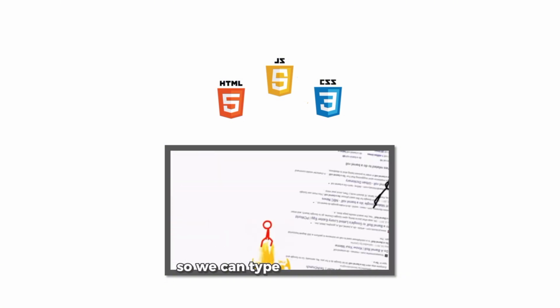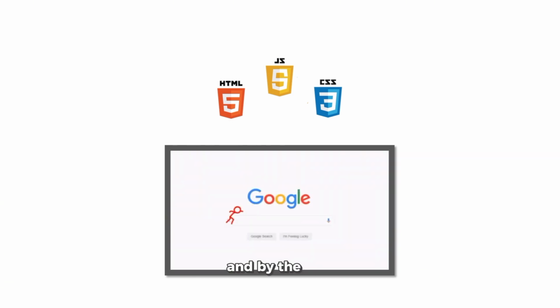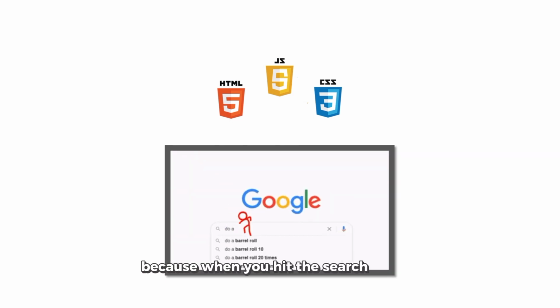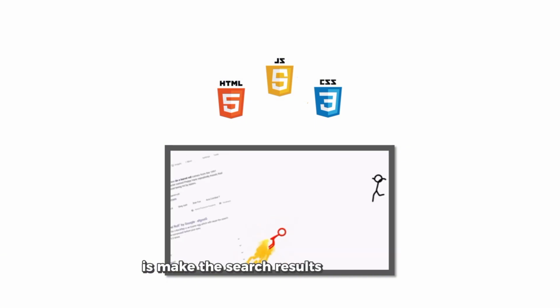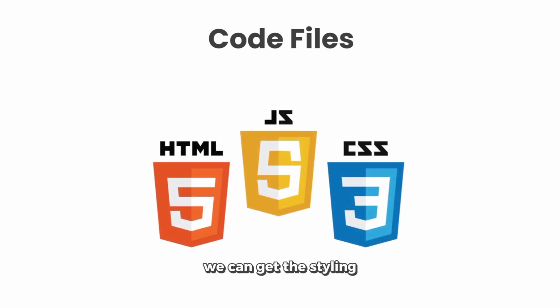So we can type in a search term like "do a barrel roll", and by the way, you should really try this in Google, because when you hit the search button, what it will actually do is make the search results page do a 360-degree spin. So with all these 3 different files, we can get the content, we can get the styling, and finally we get the functionality of the website. And combined together is how we create a modern website.